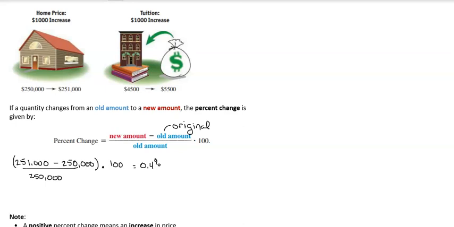This is 0.4%. All right, the tuition situation, we've got $5,500, the new amount, minus the old amount for tuition, which was $4,500. It's gone up 1,000, over the old amount, which was $4,500, times 100. And that will give us 22.2%.